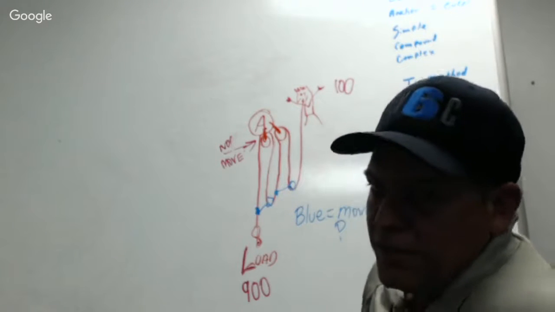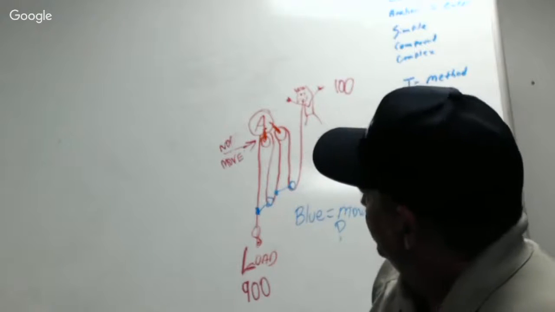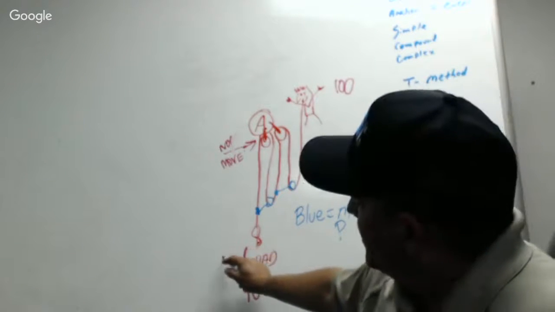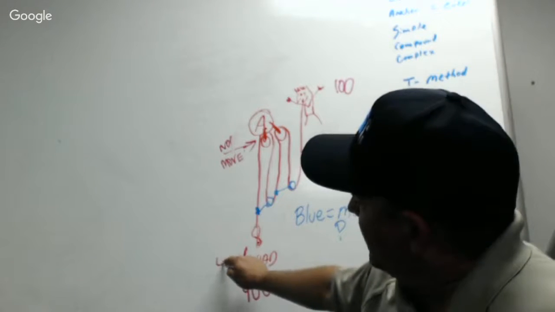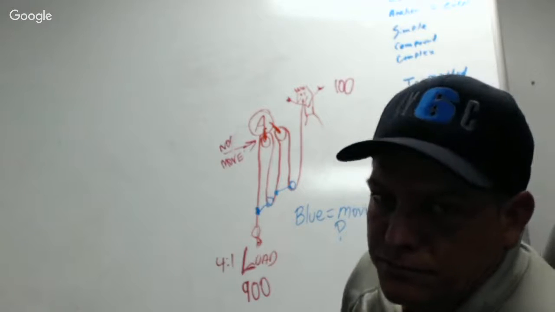Okay, and this is where this whole rule comes in. So could you possibly have a 4-to-1 if it's tied off at the load?